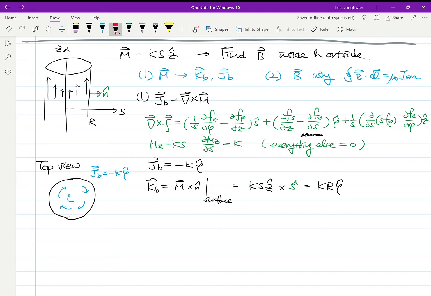And at the surface, it is flowing in the plus phi-hat direction. So we have this type of rotating current along the z-axis of an infinitely long cylinder. Okay, so we will find the B field from this current distribution using Ampere's law.